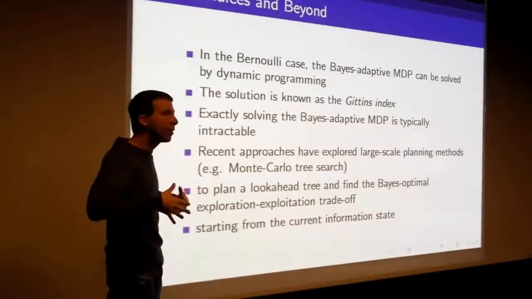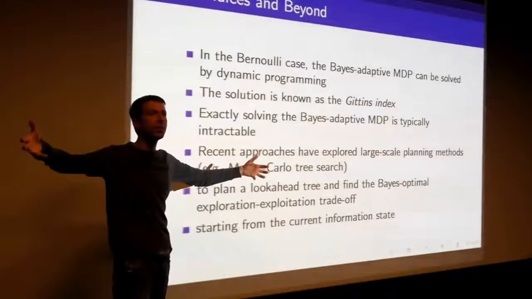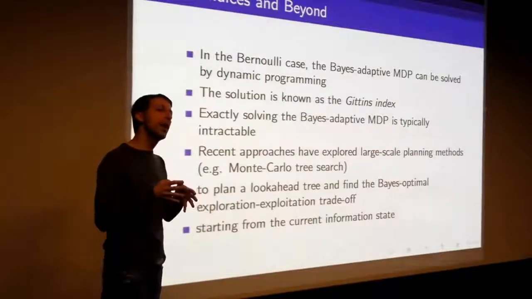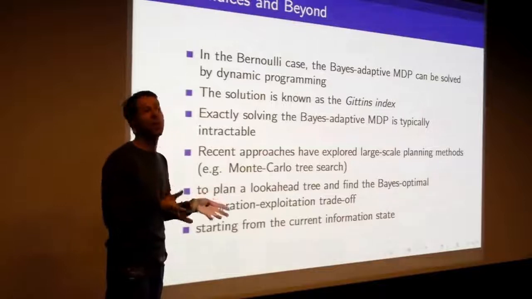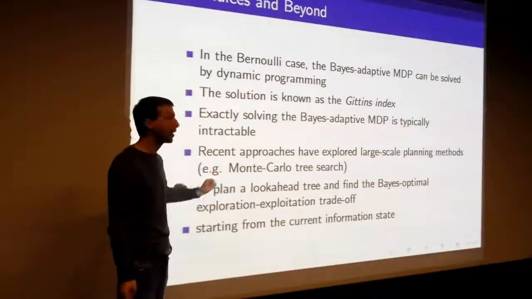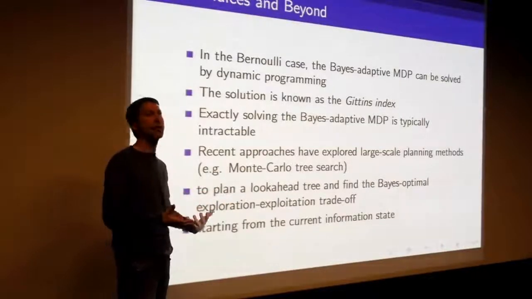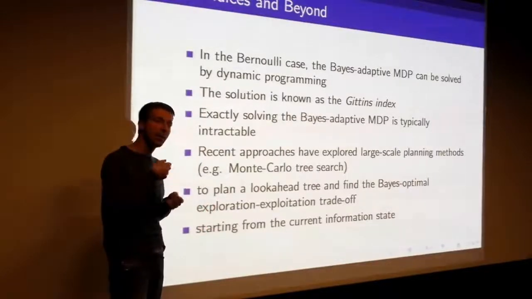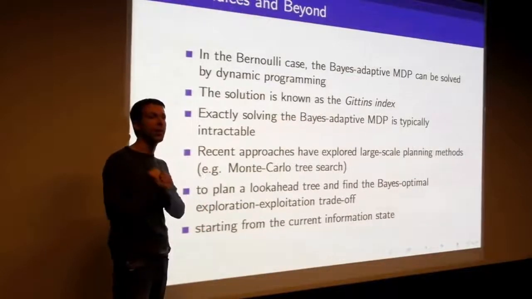So even though it might look like we've blown up our state space to something enormous, we can use planning methods that are very effective in large state spaces, like Monte Carlo tree search, to still find an approximately very good solution, and so approximate the best possible trade-off to the exploration exploitation dilemma.